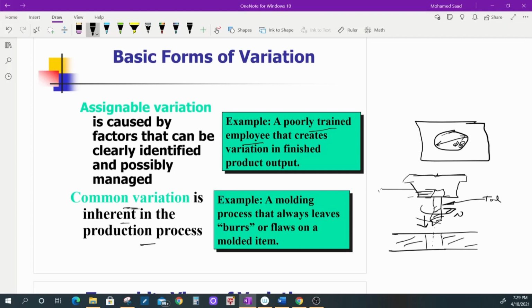Like for example, you have a certain motor and a certain driving mechanism or gearbox between the tool and the workpiece. So there is vibration, right? This vibration will cause a variation in the diameter that we are producing.